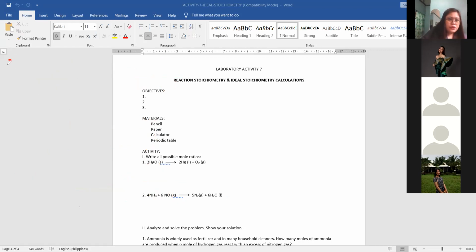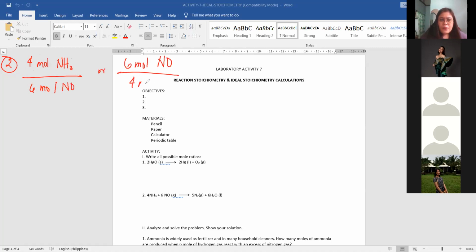Now, how about number 2? So sa number 2, medyo marami tayo dito kasi this one is complete yung ating reaction. Kasi ito decomposition, you only have 1 reactant. So this time we have 2 reactants, so medyo marami ang ating possible mole ratios. So we can start with the 4 moles of our ammonia reacting with 6 moles of our nitrogen monoxide, or the reverse of that, 6 moles of nitrogen monoxide will react with the 4 moles of ammonia.